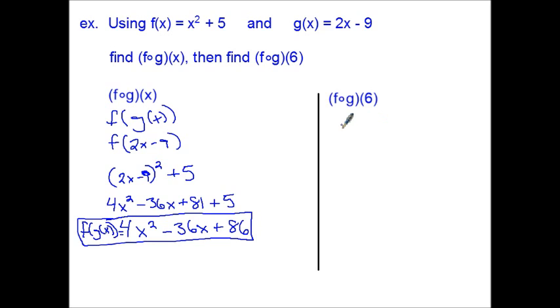Now at this point, if we want to figure out what f of g of 6 is, there's two ways to do it. First, the more straightforward way, now that we have the function already written out: if I want this to be a 6, instead of the x, I just replace all the x's with 6's.